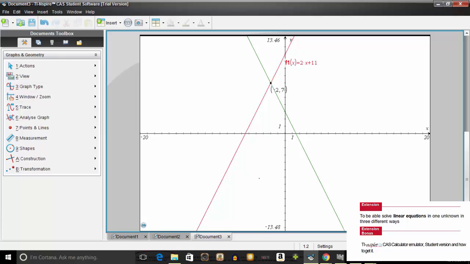I'll show you how to get this software. You would use it if you actually use TI-Nspire CAS at your school. You can download the student version. I'm using the student version here, and I've got the teacher version as well. You can download it for free for 30 days.